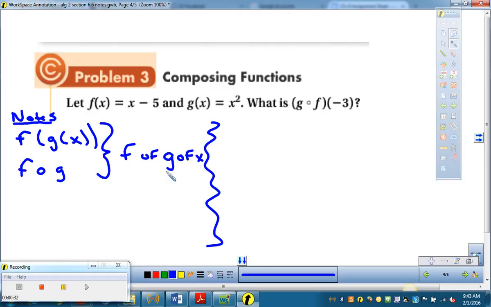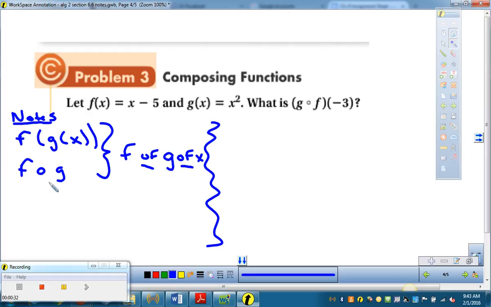Okay, now, when we do this, if they ask you to find g of f written with the little circle, my suggestion is to rewrite it with the parentheses notation, because it's easier to see what's inside.